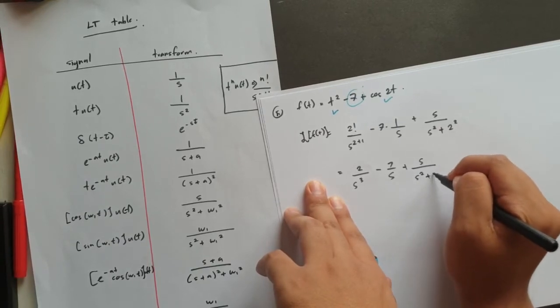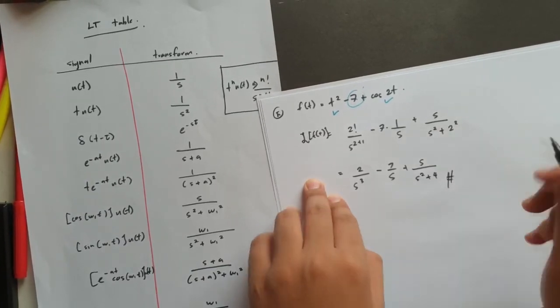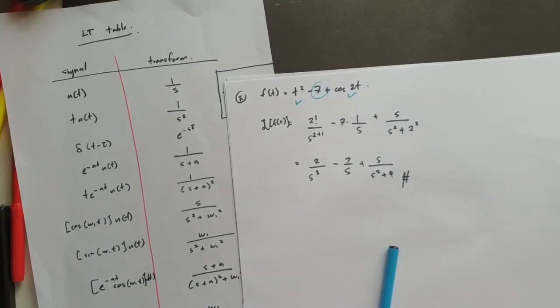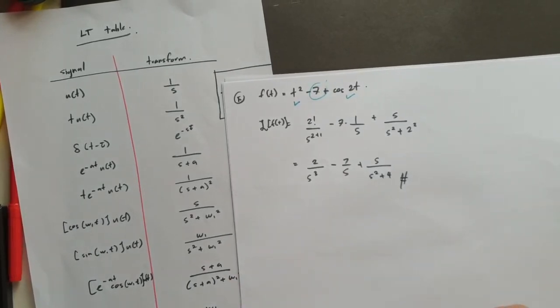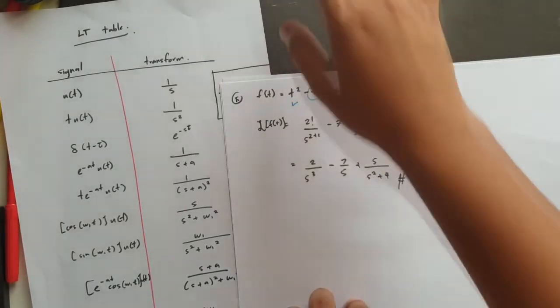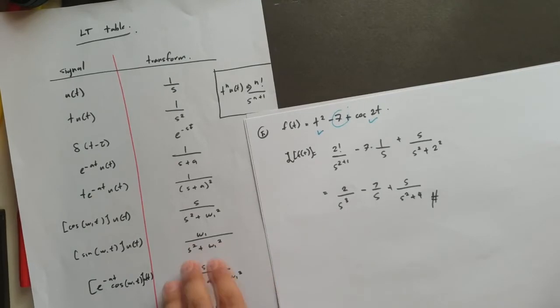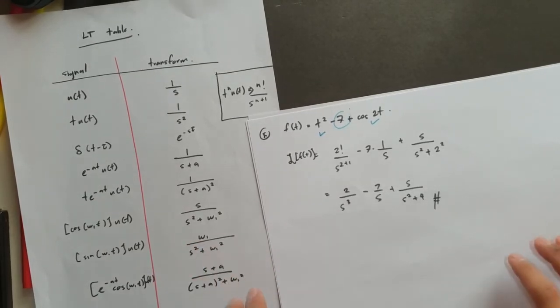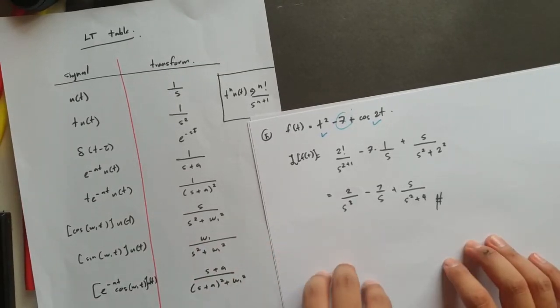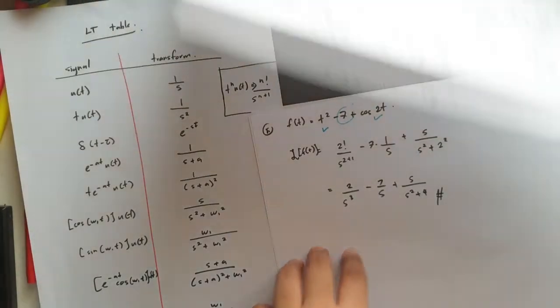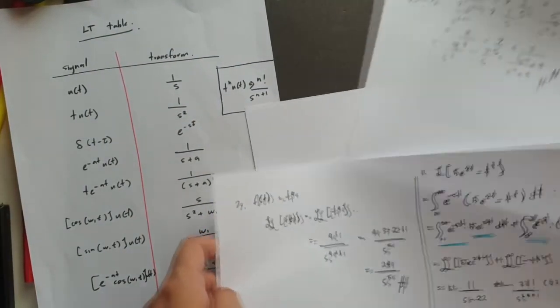I hope all of you can become familiar with the Laplace transform based on the Laplace table. In the test and the assignment, you can also refer to the Laplace table, so don't worry, this table is provided. So easy, right? Do you have any question?